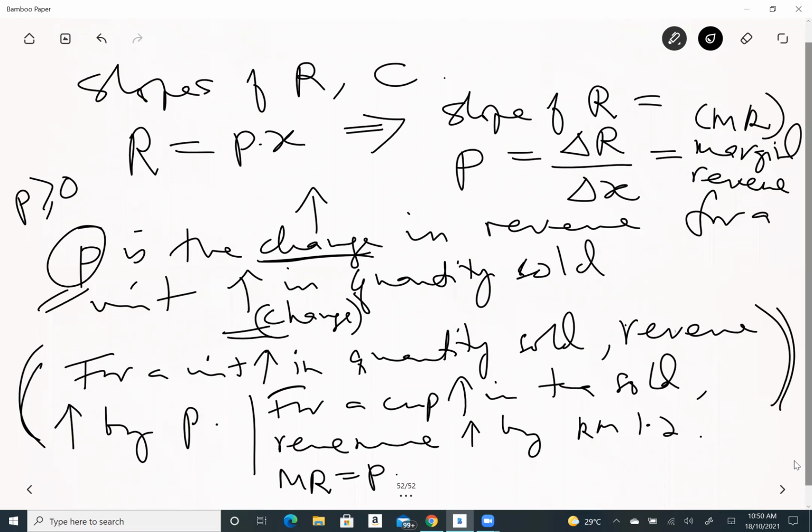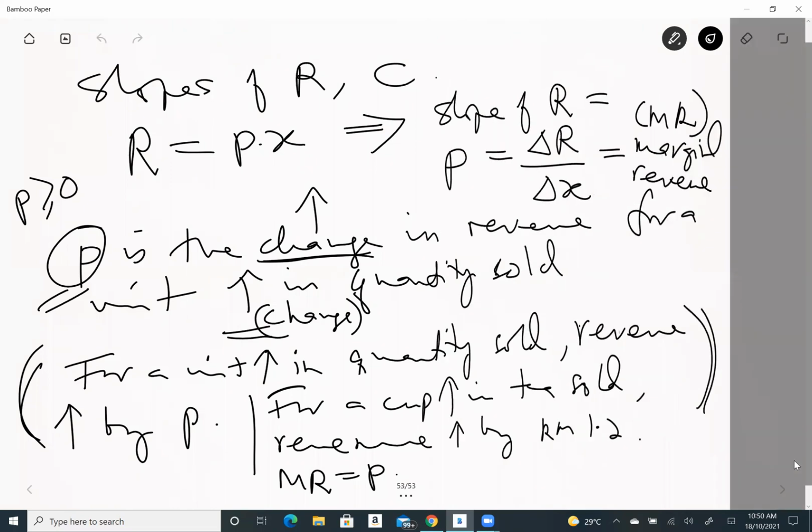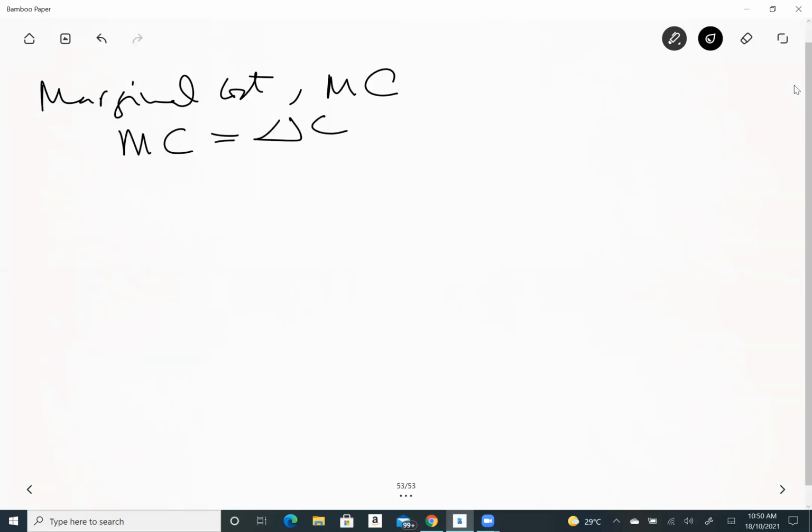Okay, all right, good. So let's look at the other concept, which is the marginal cost. Marginal cost, we denote that by MC. So if you look at the marginal cost, that is the slope of the cost function, delta C over delta X. So that is equal to M, like just now, okay?